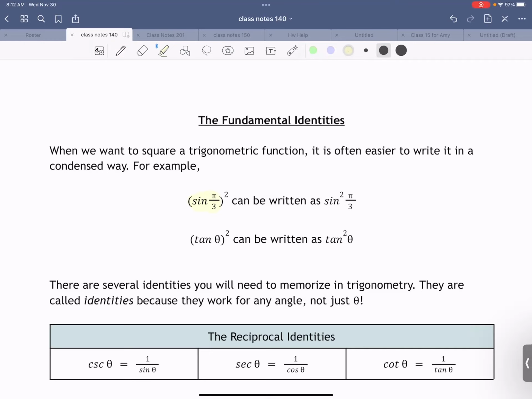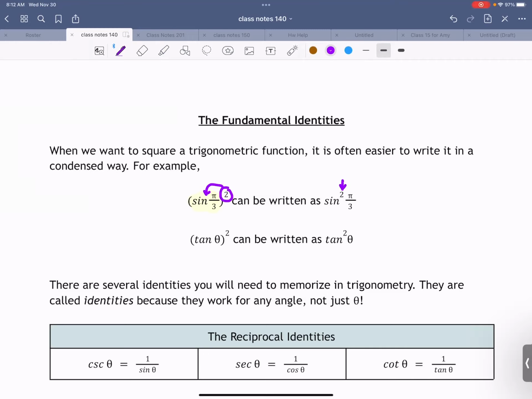When we write this in textbooks and actually just in normal life, writing out the parentheses and squaring it looks a little bit bulky, okay? So sometimes what we do is we take this square and move it in between the sine and the angle. So whenever you see sine squared of π/3, all that's saying is the same thing as what's on the left.